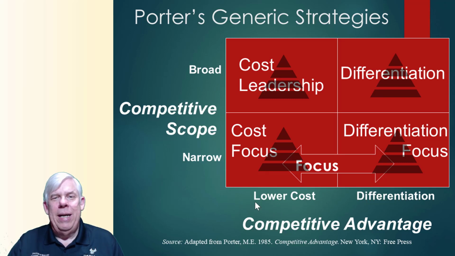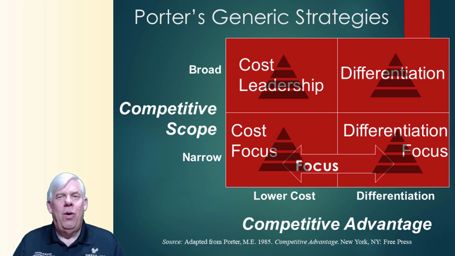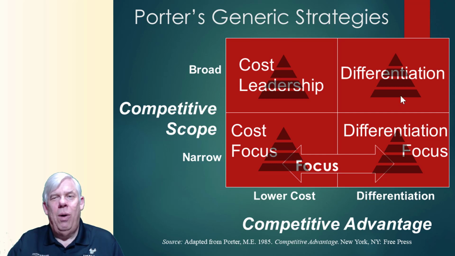If you're in a lower cost quadrant, then you're going to be focused on gaining market share, because the learning curve will provide you with continued cost leadership. If you're in a differentiation quadrant, however, you're going to be focused on meeting the needs of a broad set of customers who are less cost sensitive.